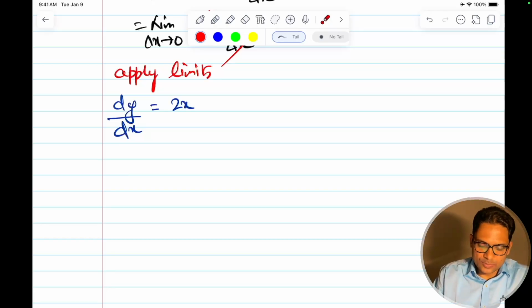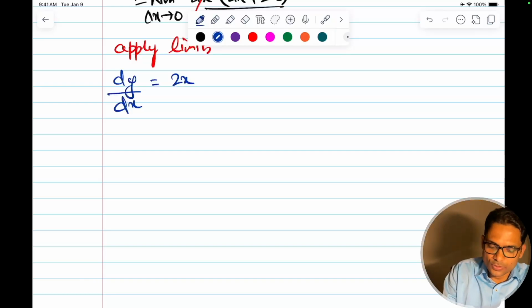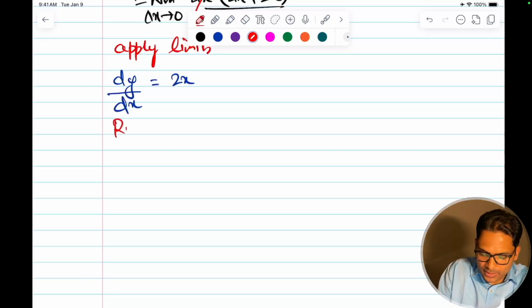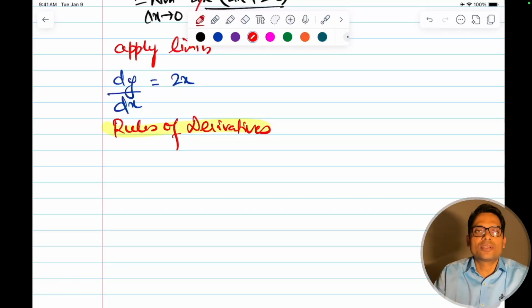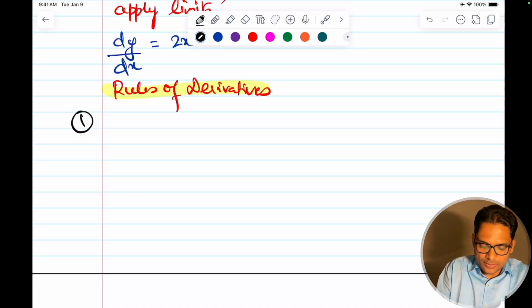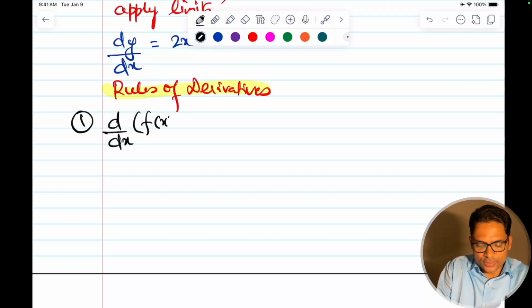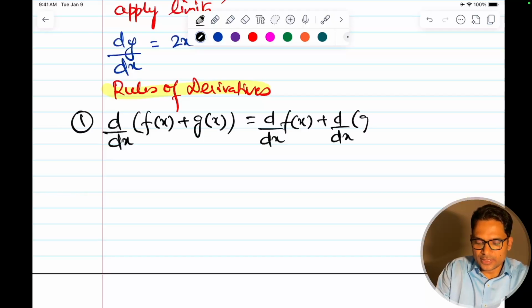Now, if this is clear, let's move to the simple rules of derivatives. If we have a mixture of functions, what are the rules for taking derivatives? I will not go through all of them. I will talk about the important ones which will be required for machine learning. So the first rule is called the sum rule. Simple. Sum rule: d by dx of two functions f of x plus g of x is equal to d by dx of f of x plus d by dx of g of x.